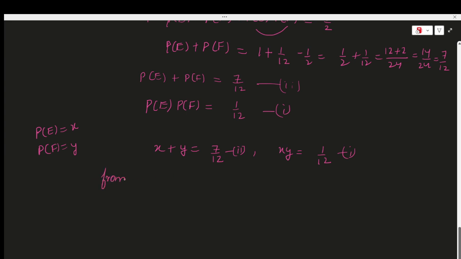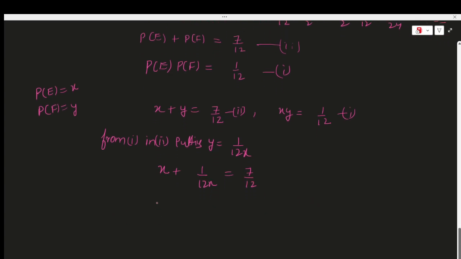From first in second, putting y equals 1 by 12x, x plus 1 by 12x is equal to 7 by 12.